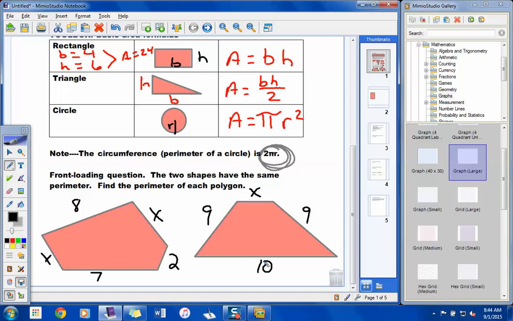And if you get a solution, I suppose I better do this problem too. I think I've got a perimeter for each one. Take a minute and talk about that with somebody.